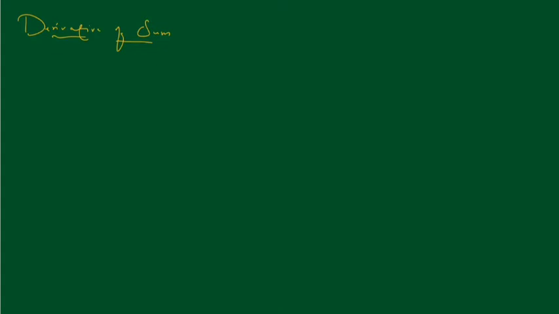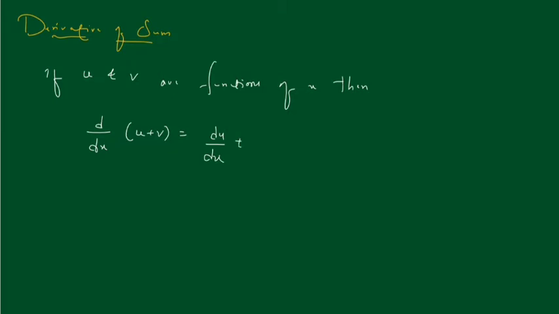So let's see, if u and v are functions of x, then d by dx of u plus v is du by dx plus dv by dx. So let's see, let y equal to u plus v, take it as equation 1.